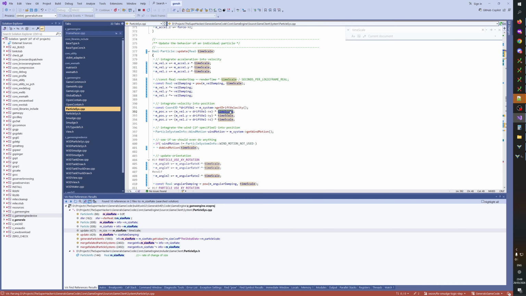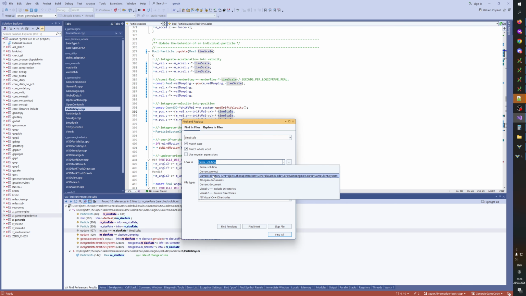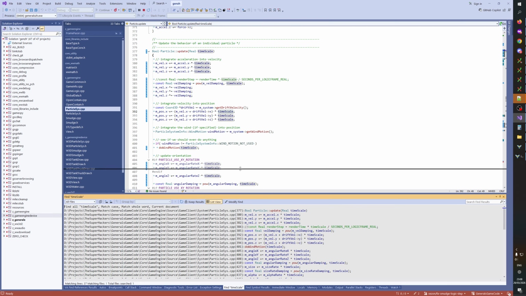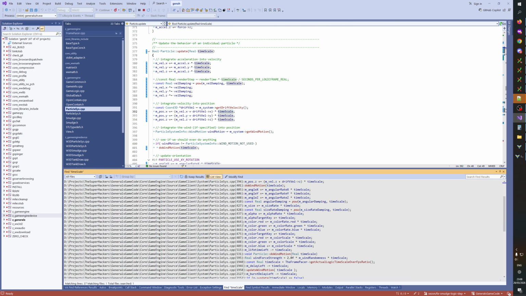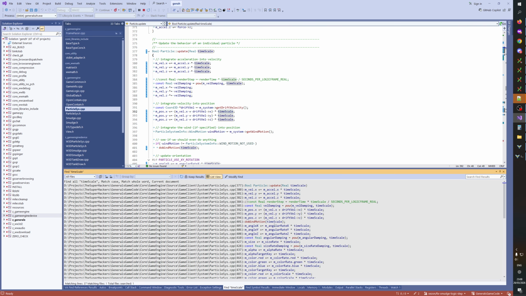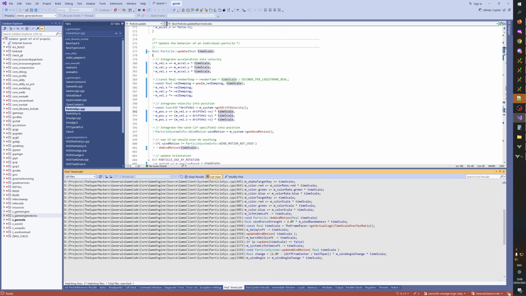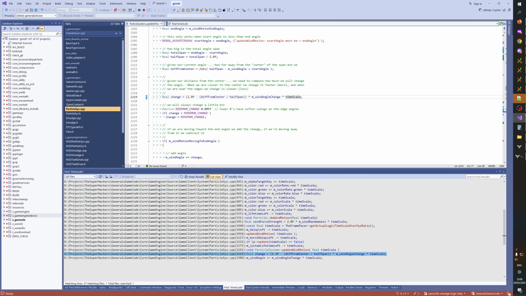Let's do a timescale search. Current documents. It looks very close already, but there are still discrepancies. So we need to figure out where that comes from.